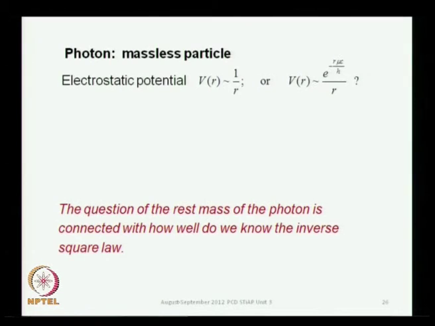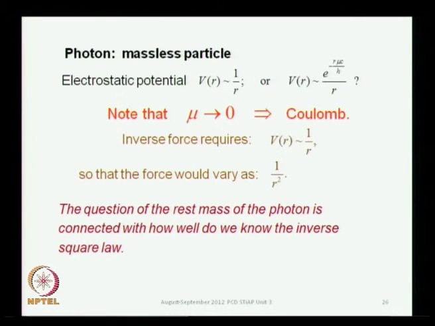Consider this, look at the Coulomb potential. The inverse square law tells you that the potential goes as 1 over r. The 1 over r potential is what gives you the inverse square law. Take a different kind of potential like the Yukawa potential. Now, I have constructed a numerator here and I have chosen an exponent to include the mass, the speed of light and the angular momentum, so that the dimensions r mc over h would cancel and you get a number, and if you let this mass go to 0 you would get the Coulomb's law.